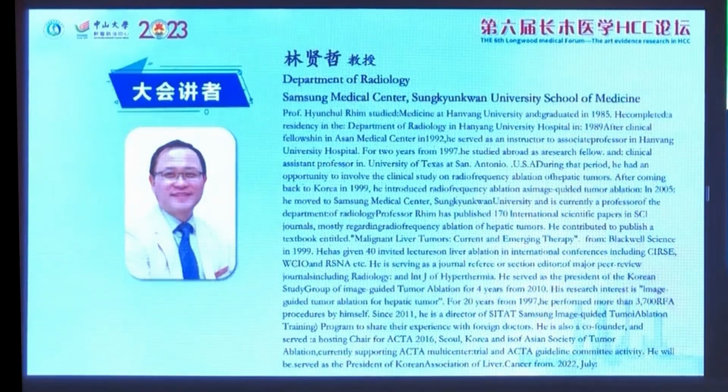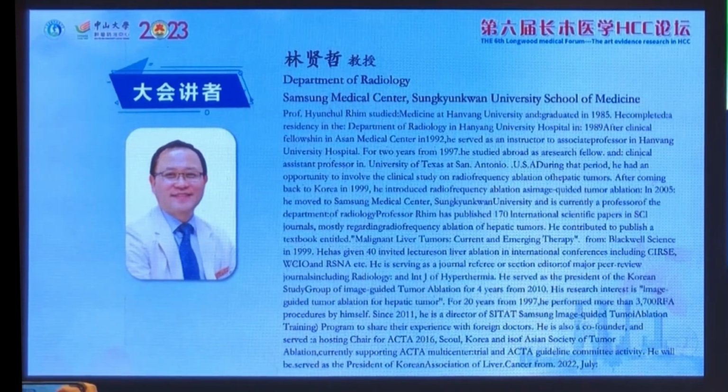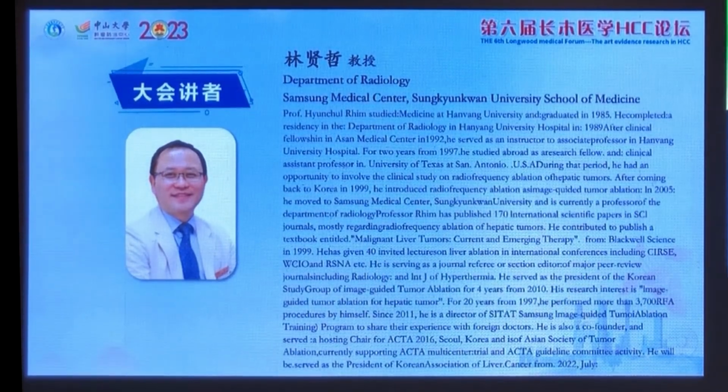Thank you to Professor Rim for giving us such an impressive and academic lecture. As we all know, complete ablation is very essential and very important for long-term survival. And a complete ablative margin plays a very important role in complete ablation. So Professor Rim concluded with 3 keys and 7 tips and tricks for us.